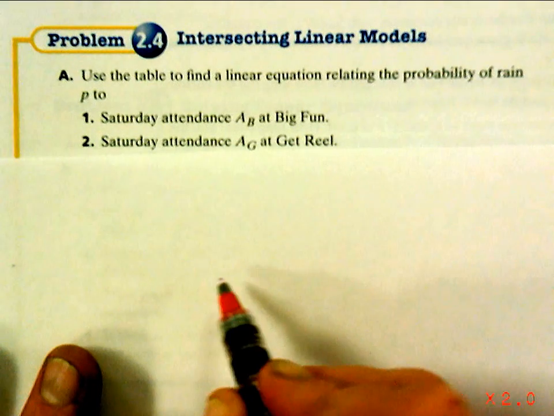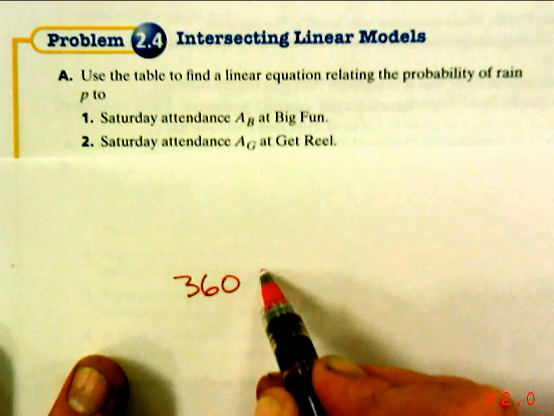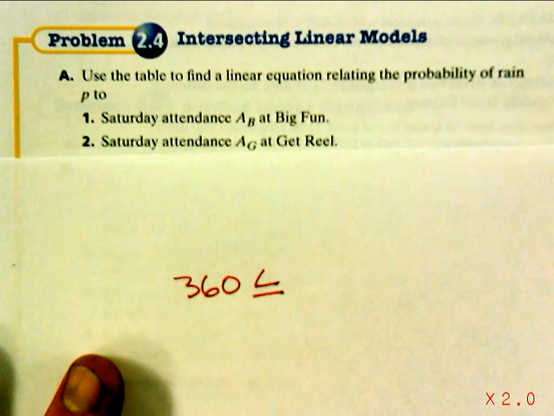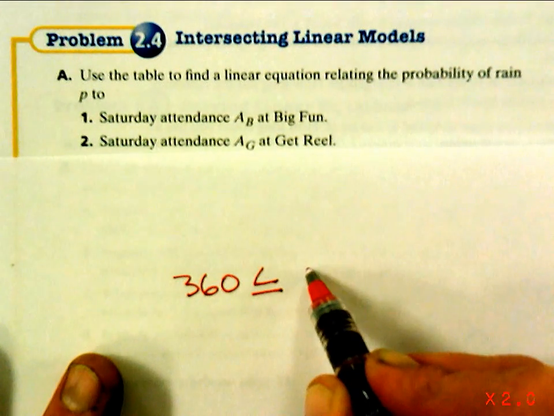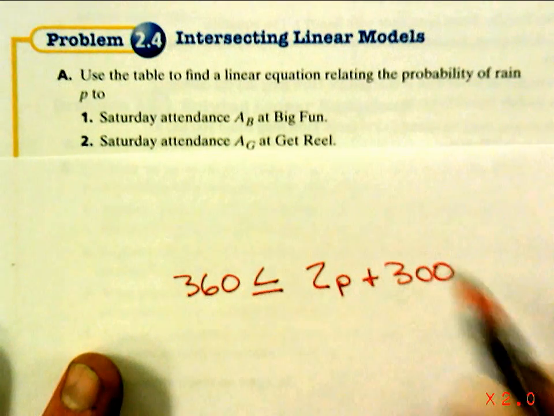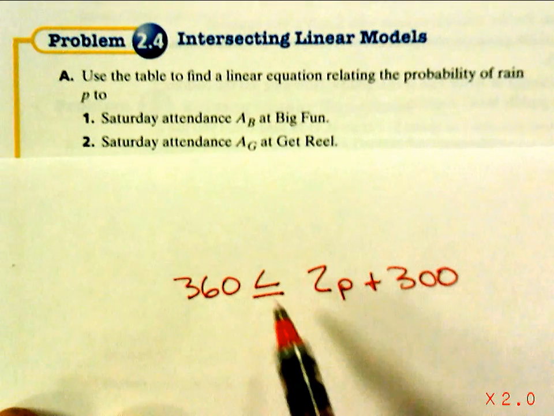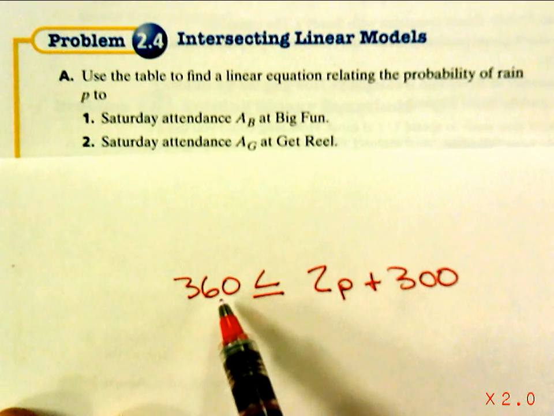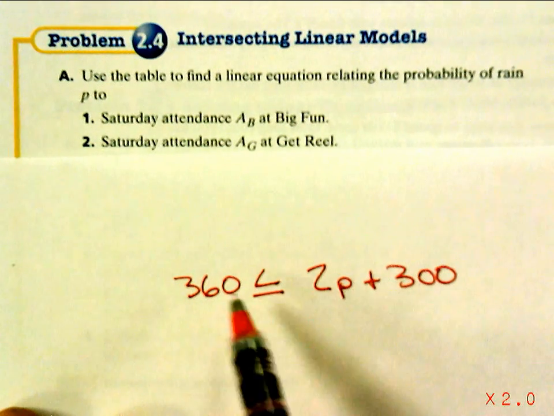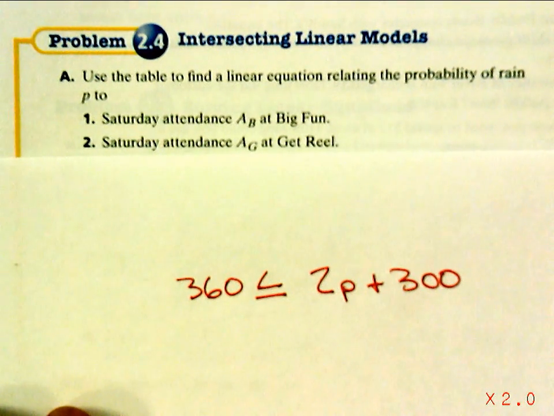So we want 360 people to be less than or equal to, in this case, our equation, which is 2p plus 300. So in other words, we want this to be greater than or equal to 360. This is the "more" piece over here. We want at least this many people in attendance. So we'll look at the probability of that.